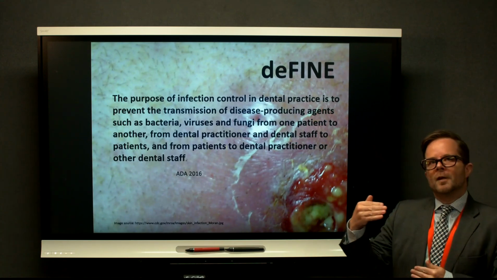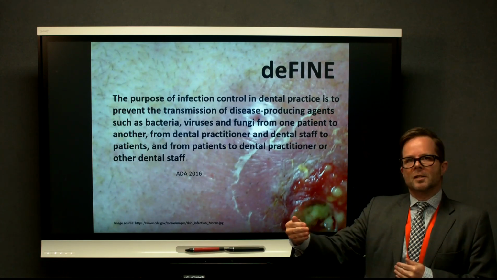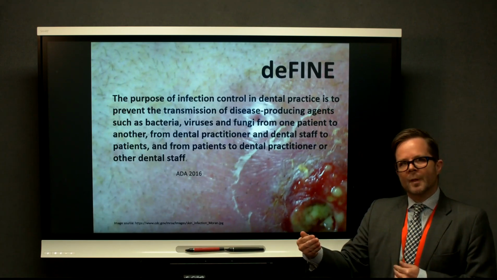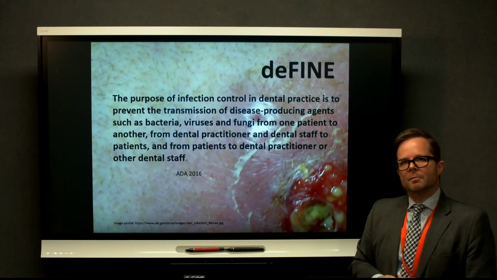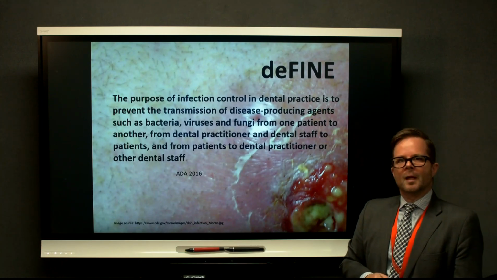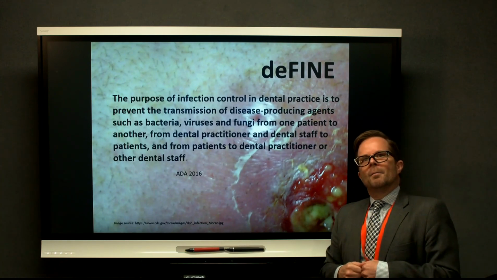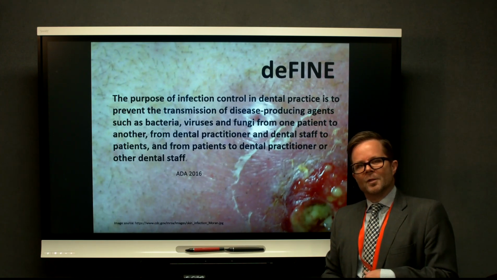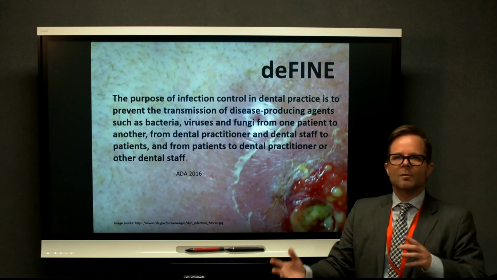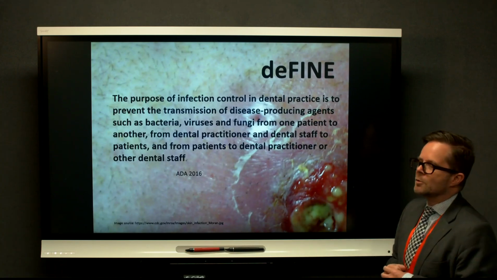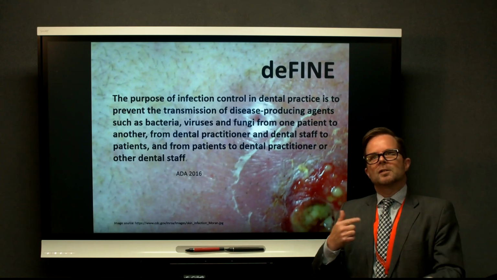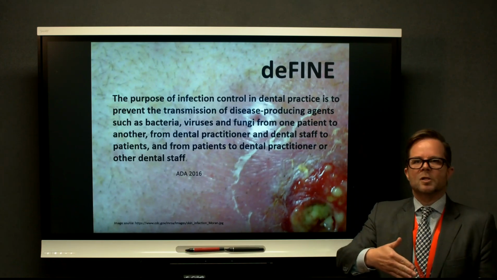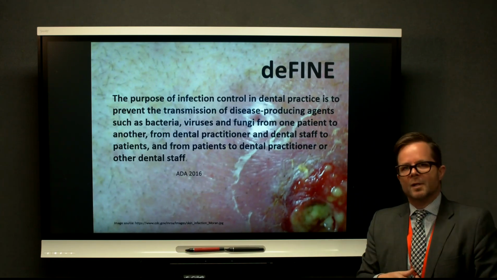So it's the prevention of transmission of these agents from one patient to another, from dental practitioner to dental staff, from patients to dental practitioners or to other staff. So you can see that there are multiple interactions that occur in the dental setting, and each of those interactions produces the possibility of a transmission of infection from one person to another.